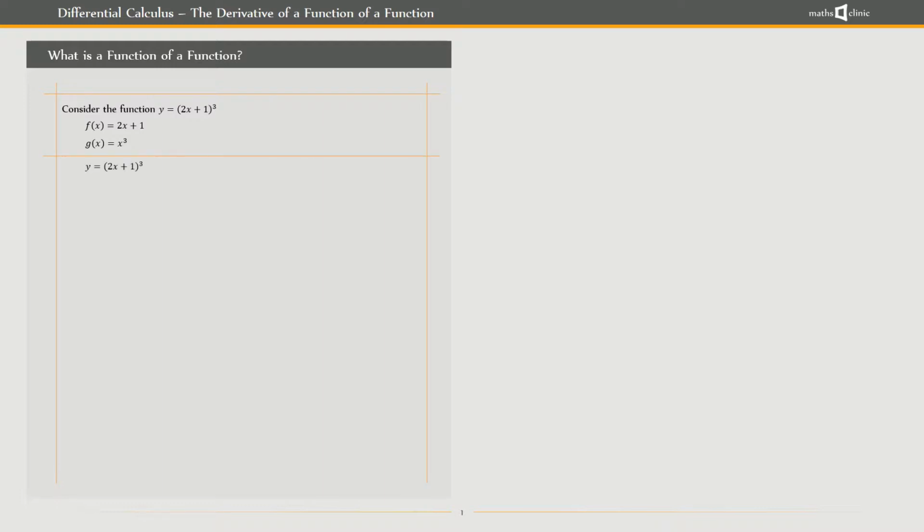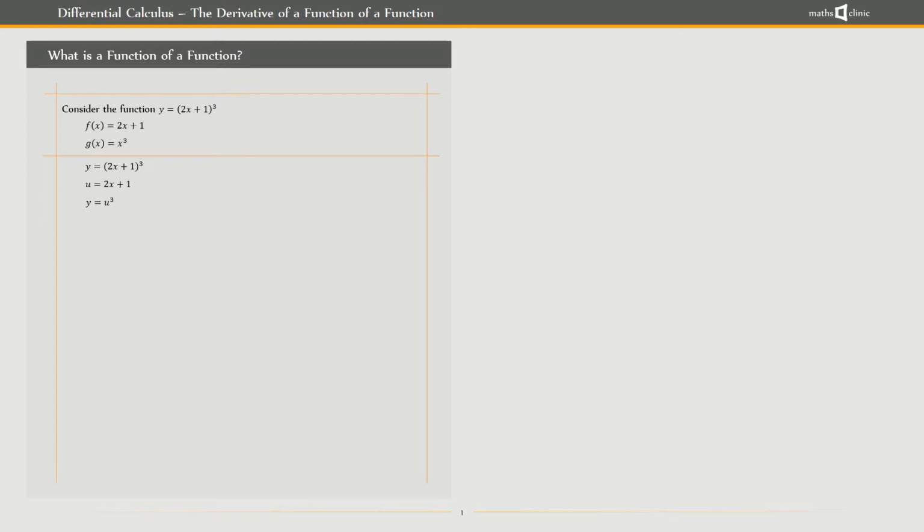Now, if we have y equals (2x plus 1) all to the power of 3, I'm going to call my inner function u, i.e. u equals 2x plus 1, the inner function. What that would mean is y equals u to the power of 3, because we have that y equals (2x plus 1) to the power of 3.